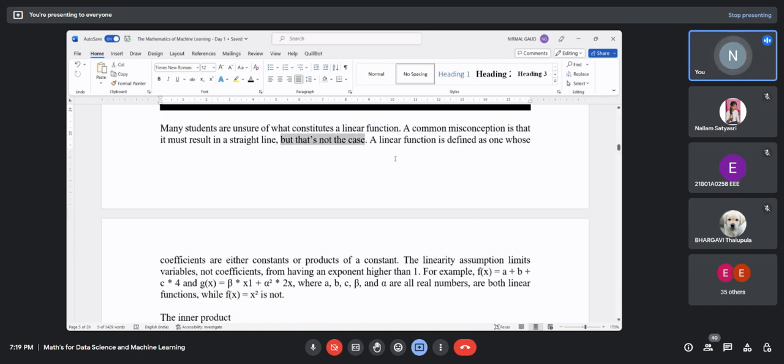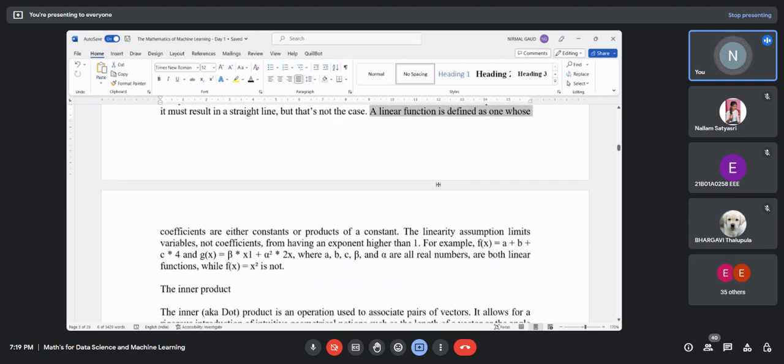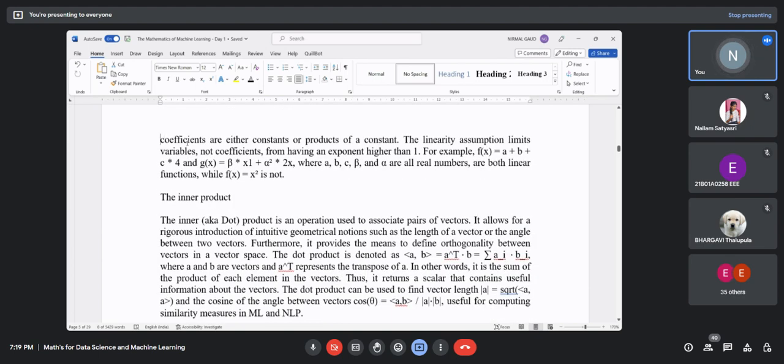You're wrong. A linear function is defined as one whose coefficients are either constants or products of constants. That means the coefficients. In an equation we have coefficients and we have variables, and this combination of coefficient and variable is what makes an expression or equation.